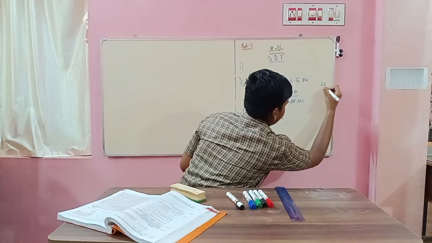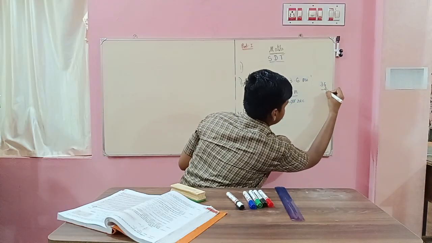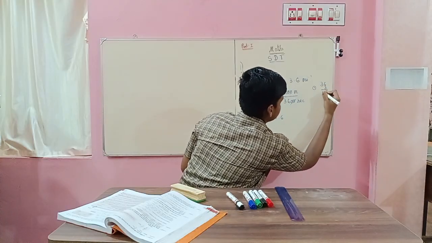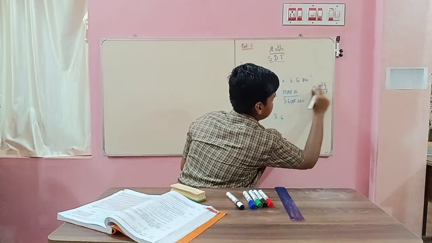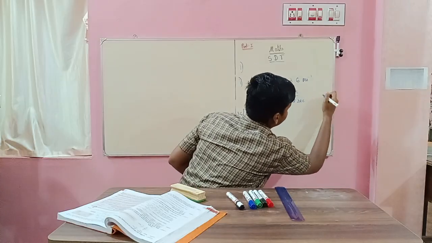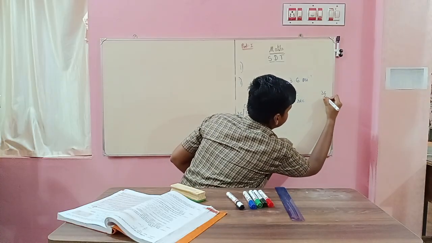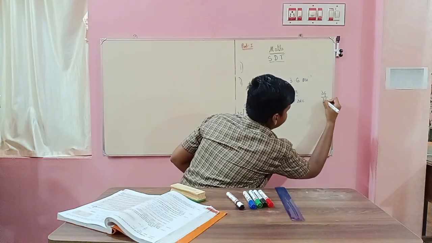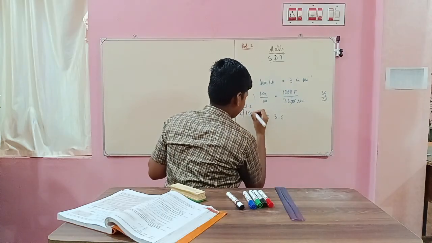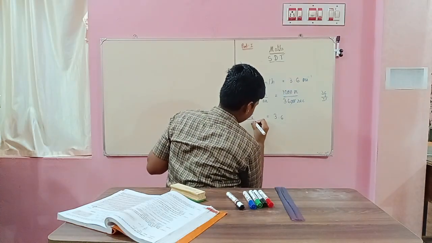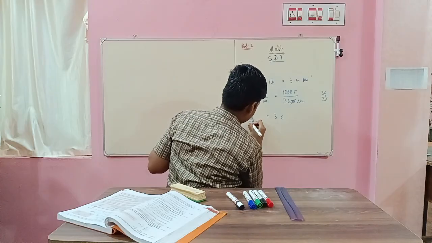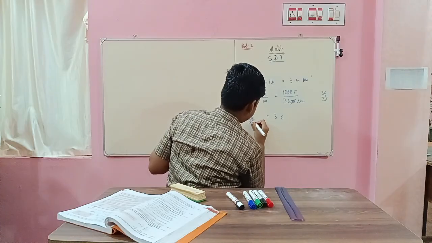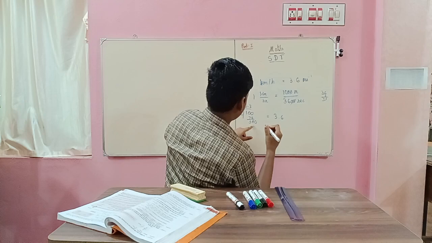Then 36 into 3, 6 or 18, this is equal to 108. It's not possible. So we can do it with 2. So 36 into 2 is 72, so 100 minus 72 is equal to 28. Then 0, 280. Okay, then 280.